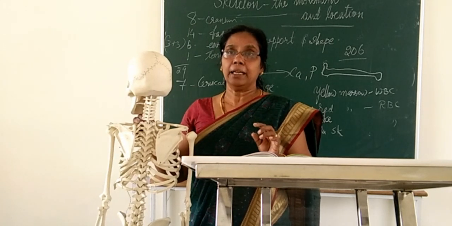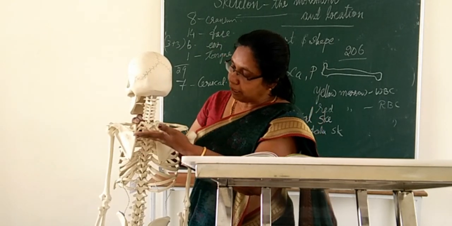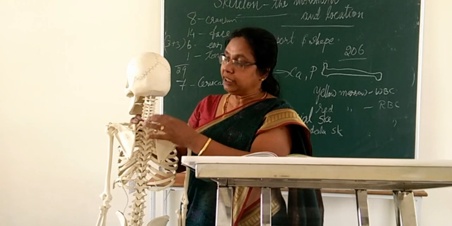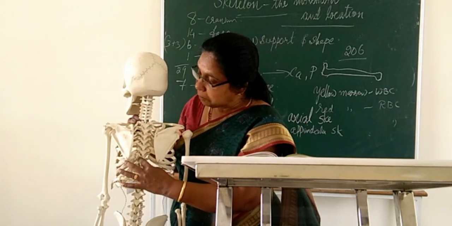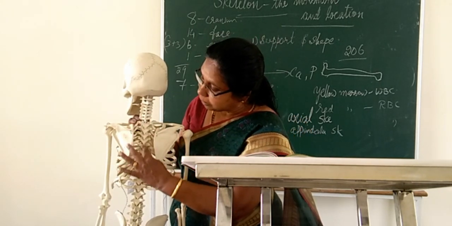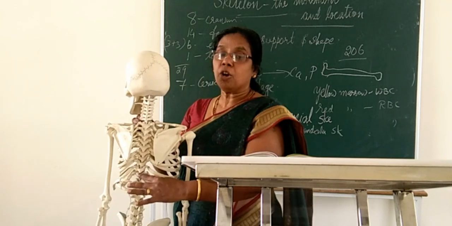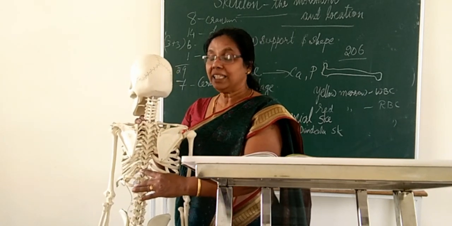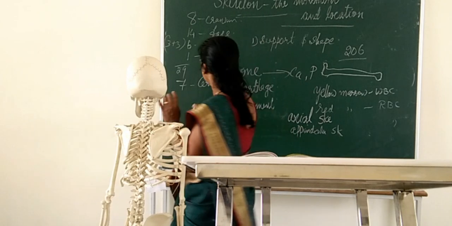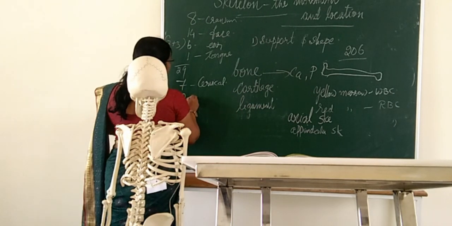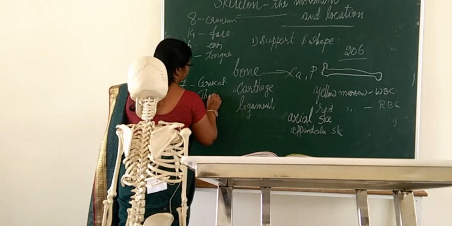Thoracic vertebrae. That is just the back of the chest region. So 12 thoracic.